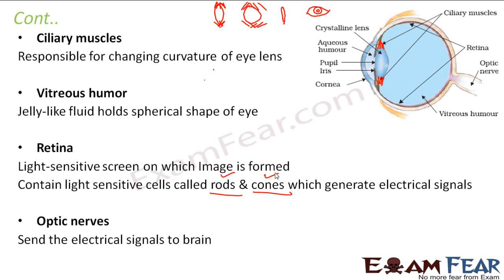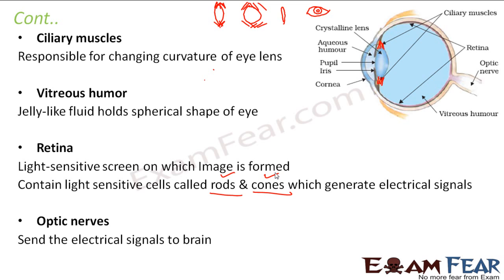Then comes the pupil, which is surrounded by the iris. So pupil and iris together will control the amount of light entering the eye. Thereafter, you will encounter the eye lens, which will form the image, because when light rays fall on this eye lens, the image will be formed. So it will make sure that the image is formed on the retina.